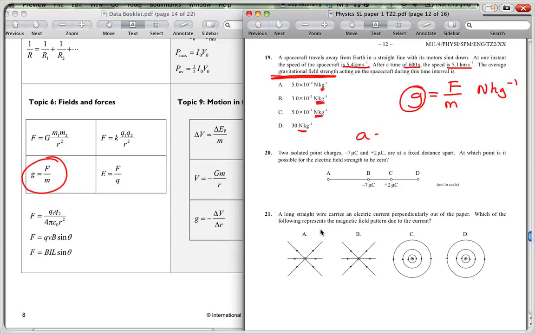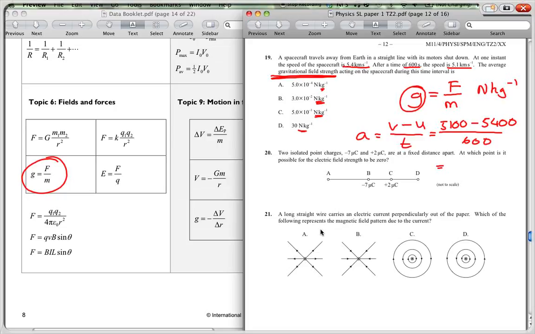Well, acceleration is going to equal our final velocity minus our initial divided by our time. So we're going to have 5,100 meters per second minus 5,400 meters per second, divided by 600.